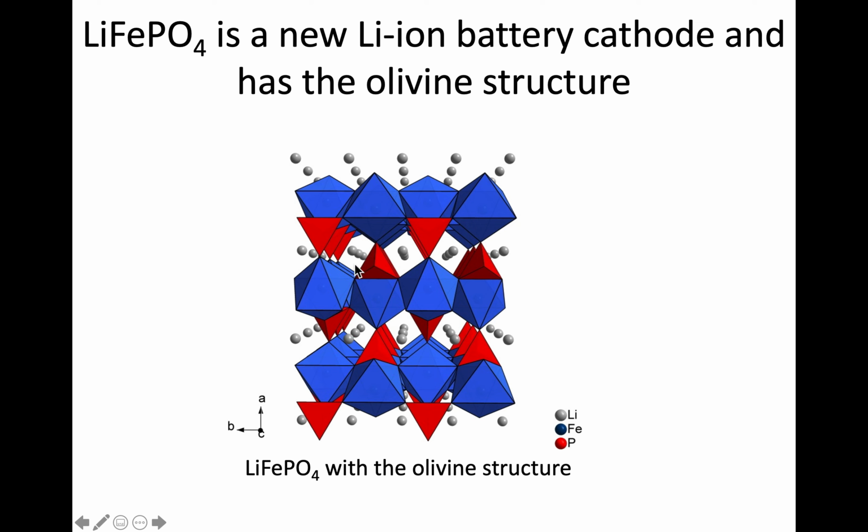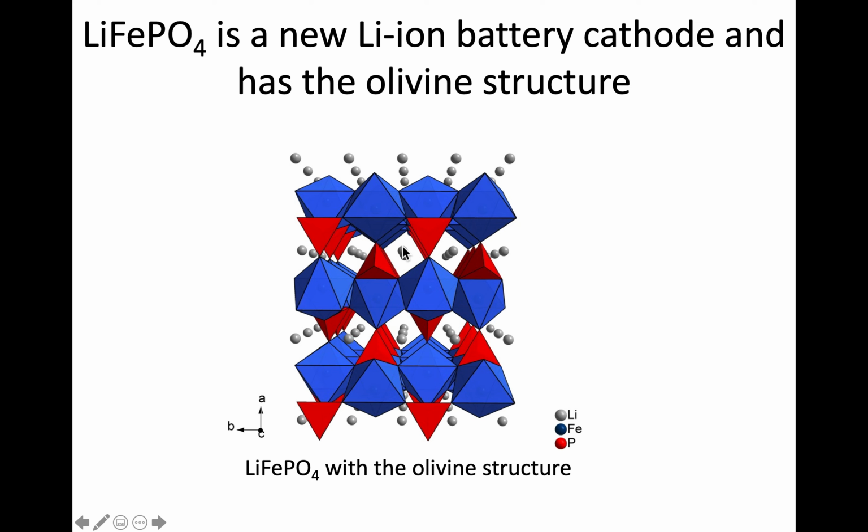And so again, this structure is similar to the lithium manganese oxide in that the diffusion occurs in the linear directions of 1D. And so it's relatively slow diffusion compared to some of the other structures in batteries. But again, it's a little safer.